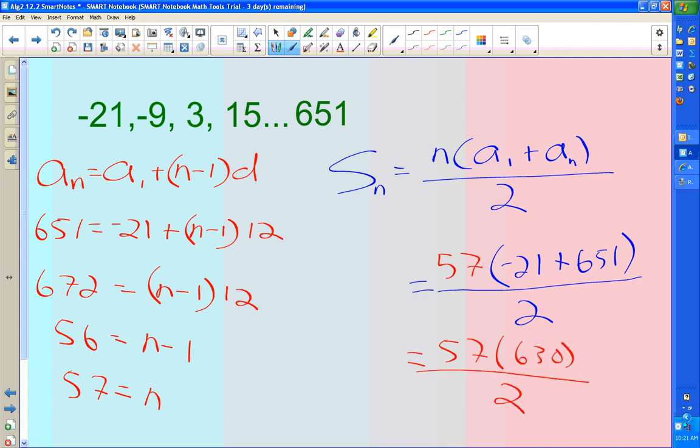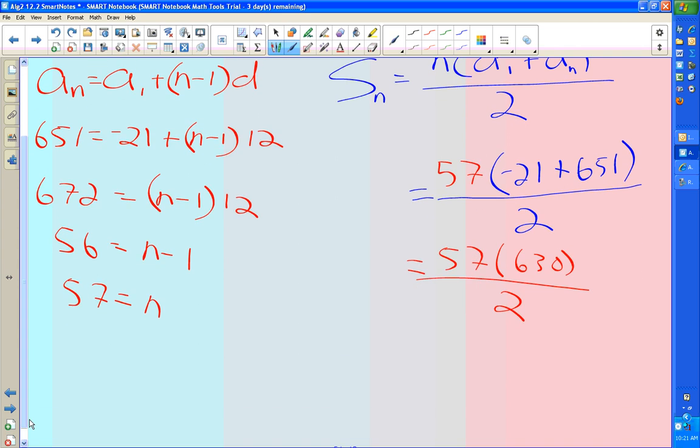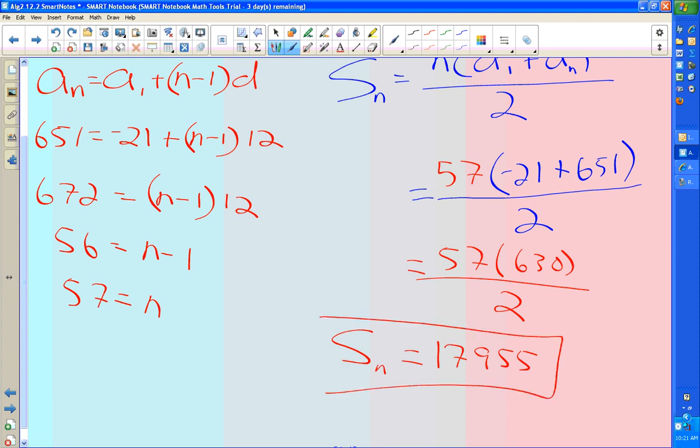And as I said, one of the two numbers in the top, either n or a sub 1 plus a sub n, will be divisible by 2. When you multiply and divide by 2, what do we end up with? 17,955. That's the sum of the terms in this sequence.